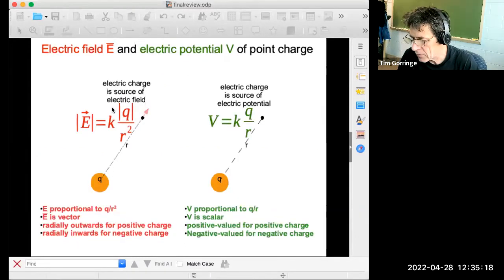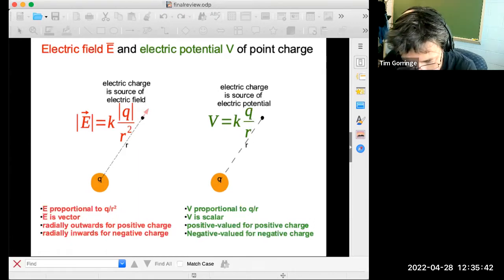So to work with the electrical field and the electrical potential from a practical perspective, we introduced equations for the electrical field that surrounds a single point charge and the electrical potential of a single point charge.